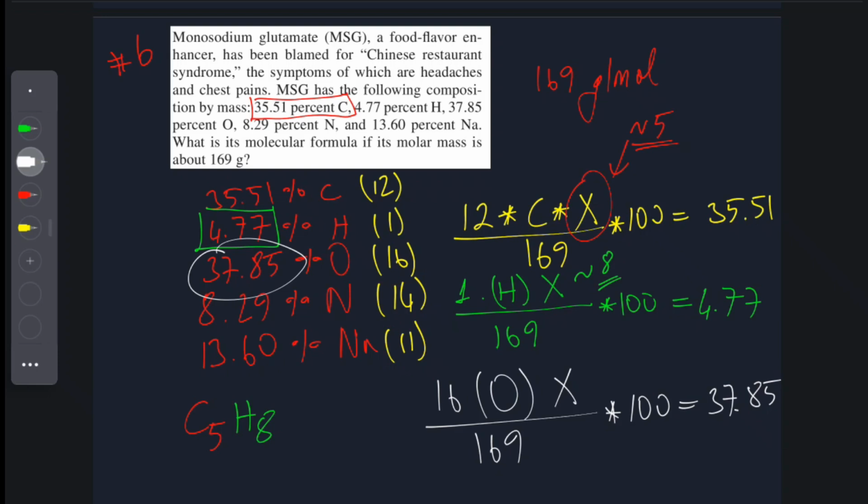So if you make the calculation, this X becomes 4. And oxygen, there are 4 oxygen. So I will make them smaller.